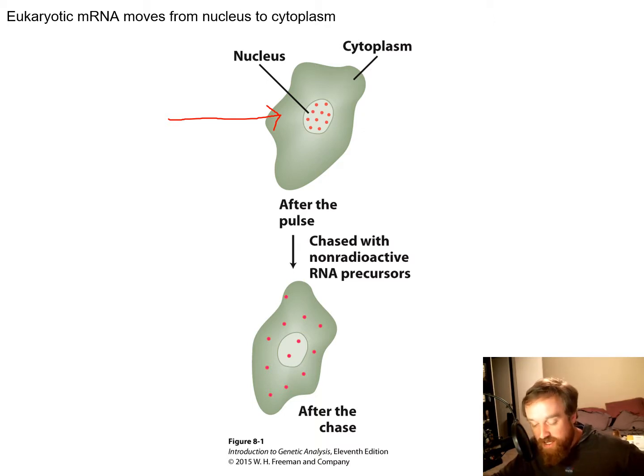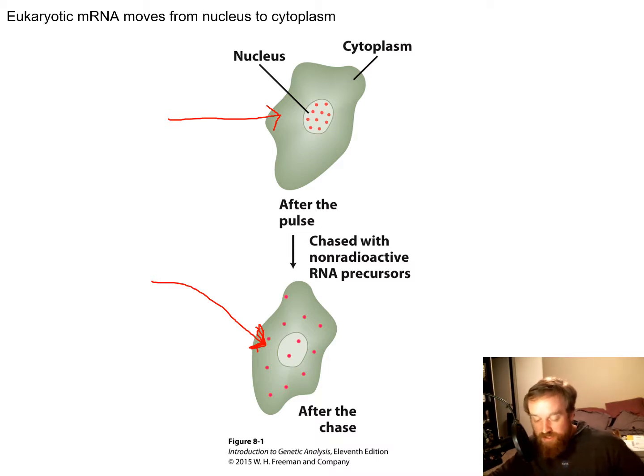And then after a certain amount of time, those mRNA that were radio-labeled previously start to migrate out into the cytoplasm. So they're no longer in the nucleus. So they have this mobile component to them where they originated in the nucleus, but then they spread out into the cytoplasm of the cell.